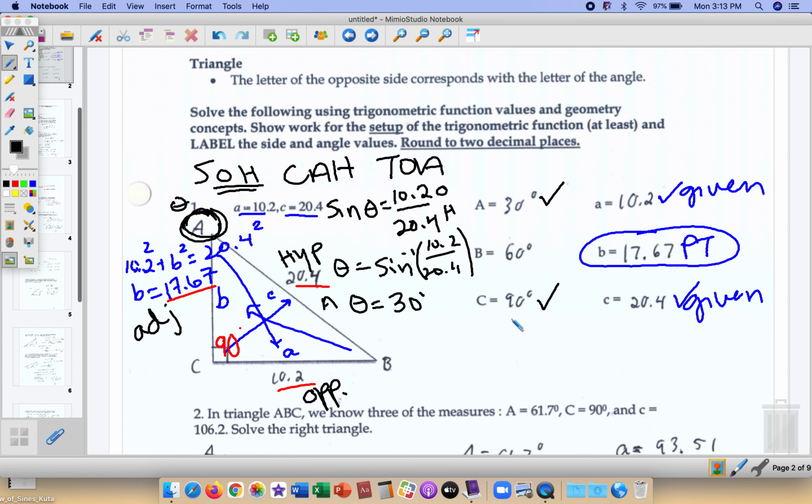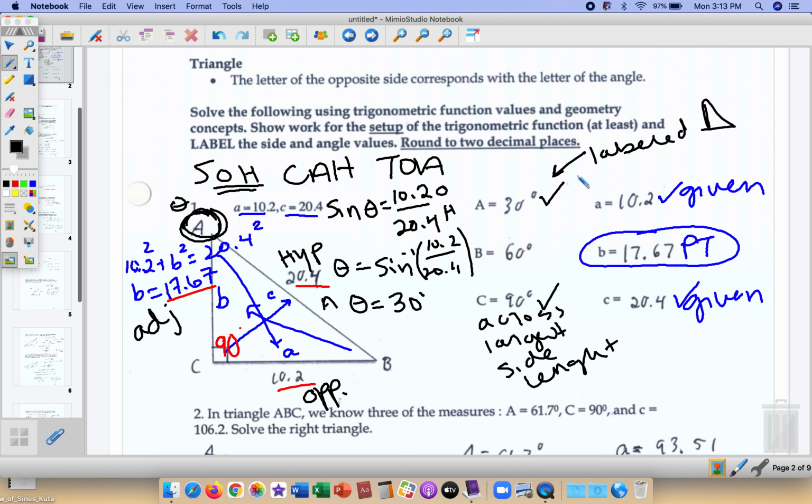We knew that because it was across from the smallest side length. We labeled the triangle and used sine theta to find A, right?